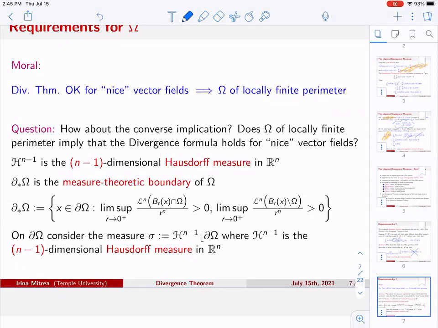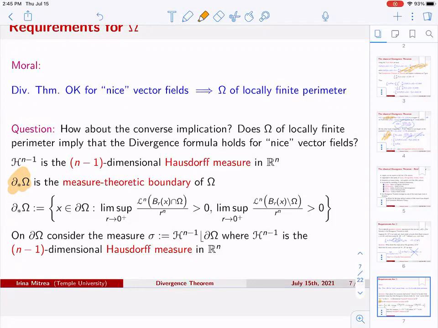Here, Hn minus 1 is the n minus 1 dimensional Hausdorff measure in Rn, and by partial star omega, where I adorn the partial with a star, I denote the measure theoretic boundary of the domain omega, which consists of points of positive density.